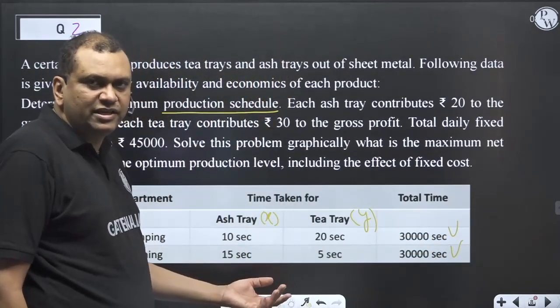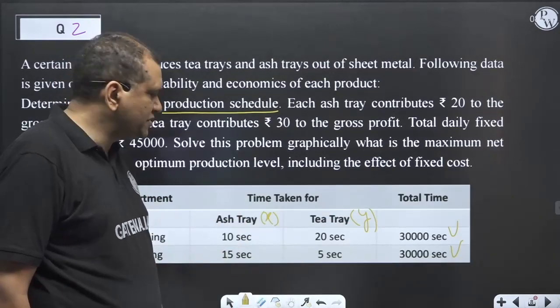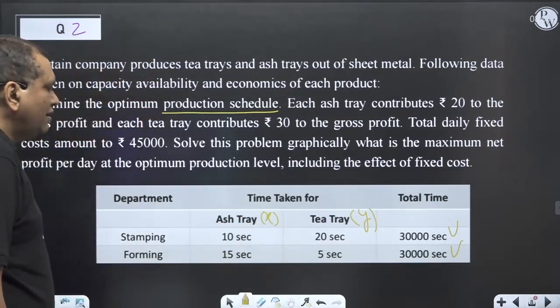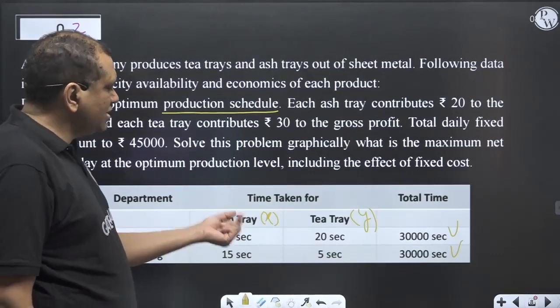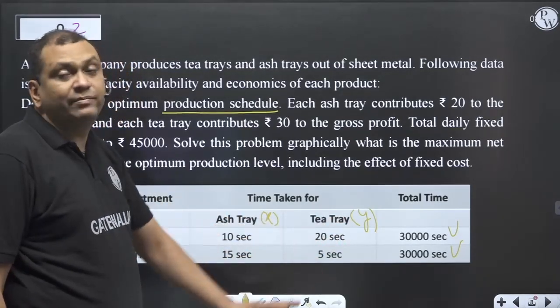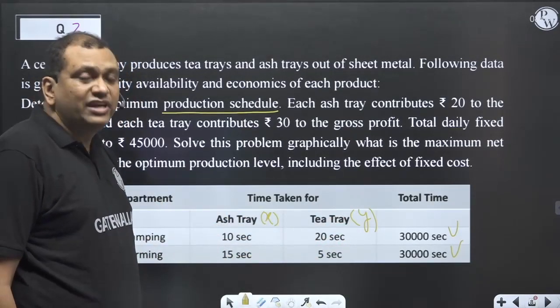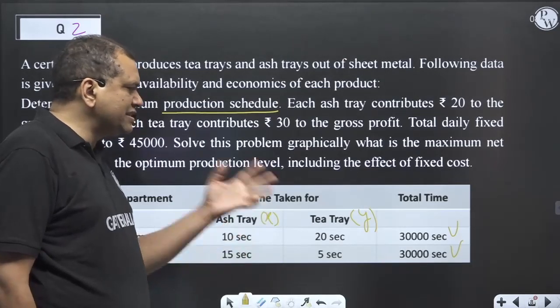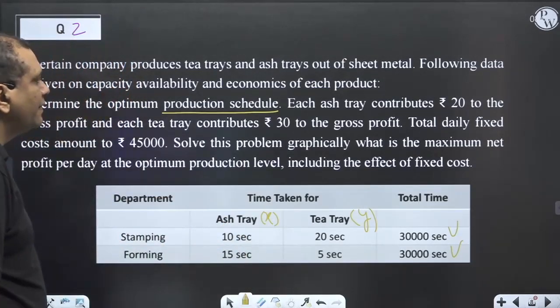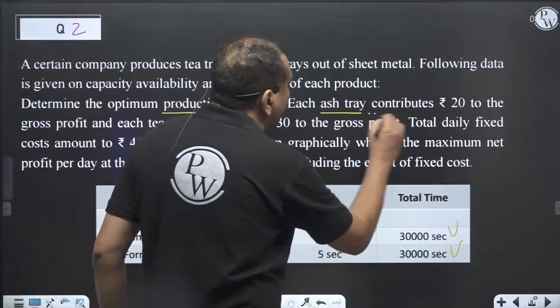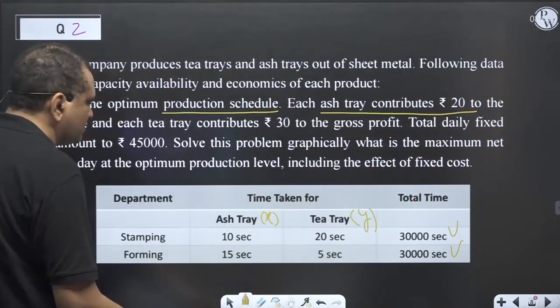Let us say we are producing X number of ashtrays and Y number of tea trays. Now the ashtray contributes rupees 20 to the gross profit.